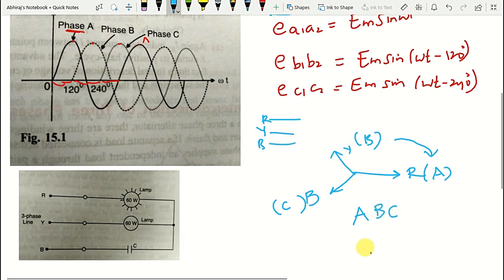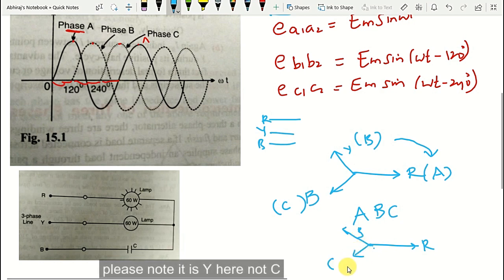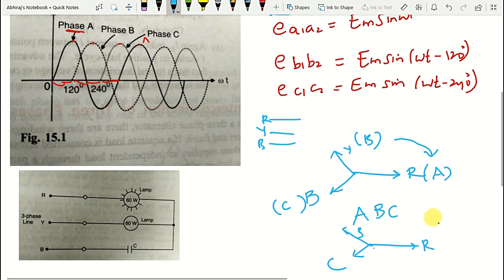Then the sequence will be R, B, Y. By convention, the sequence R, Y, B is taken as positive, and R, B, Y is taken as negative. So thereby we have only two phase sequences.